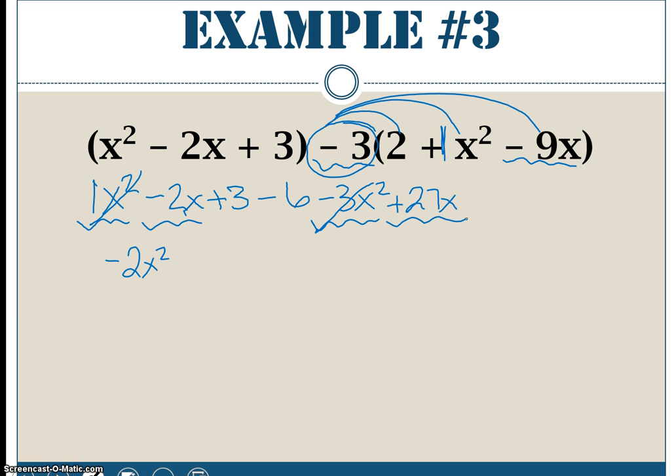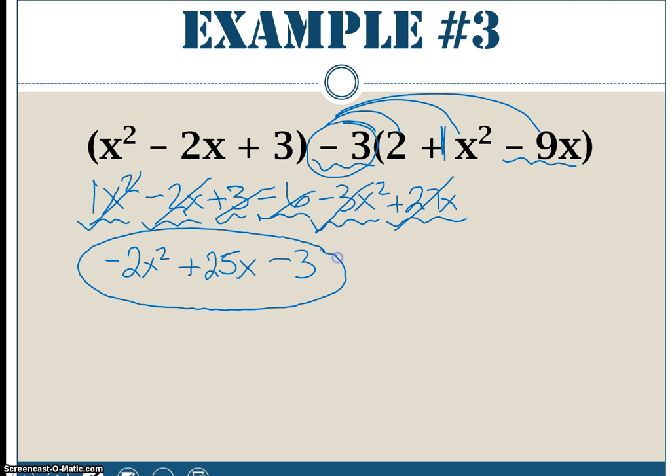So negative 2 and 27 make a positive 25. Keep the x. And then 3 and negative 6 make a minus 3. So my solution is negative 2x squared plus 25x minus 3.